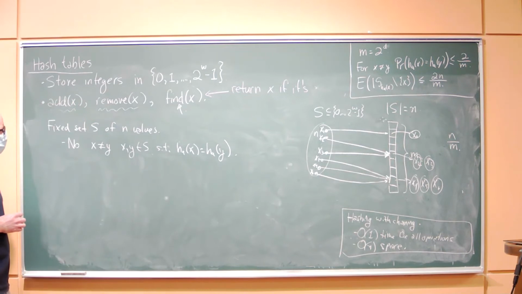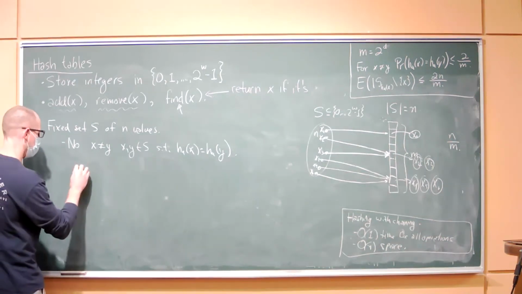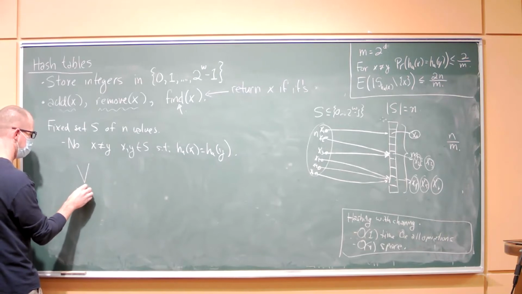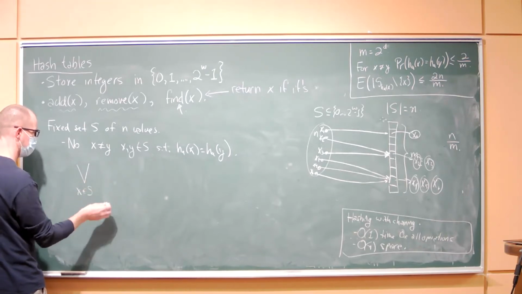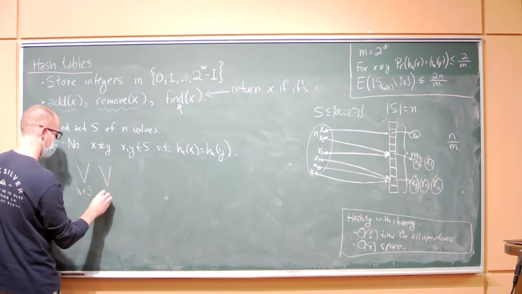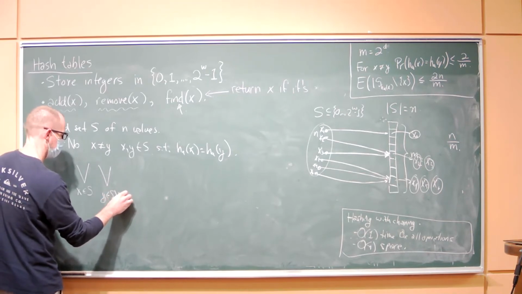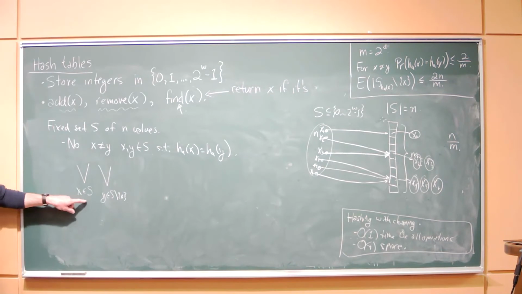Another way to say that is that I will look at the following thing and hope that it doesn't happen. I'll go over all the X's in S, and all the Y's in S except for X. So this is going over n choose 2 different values.